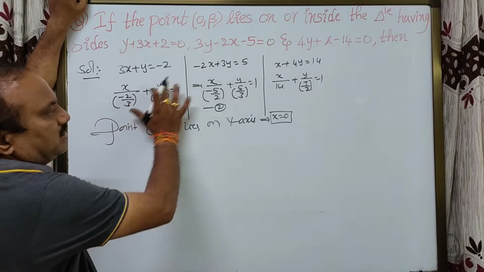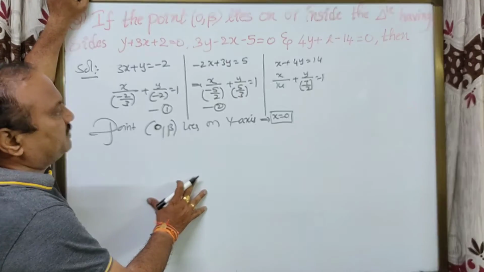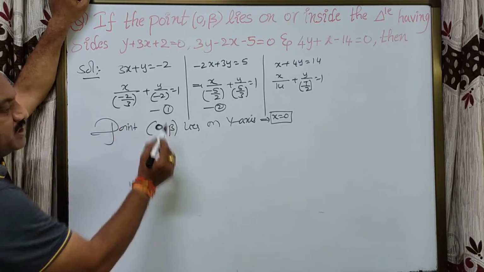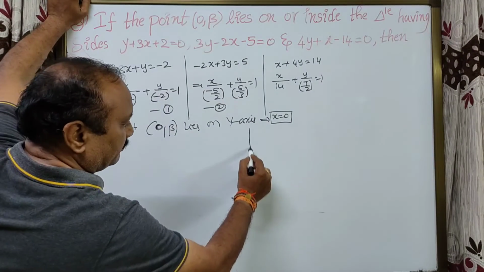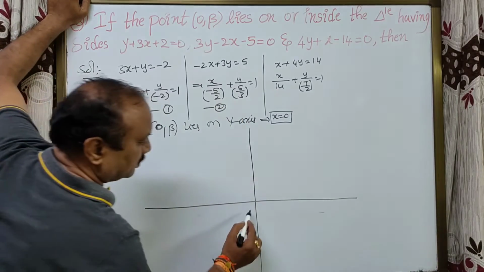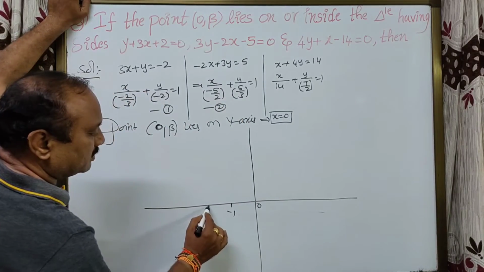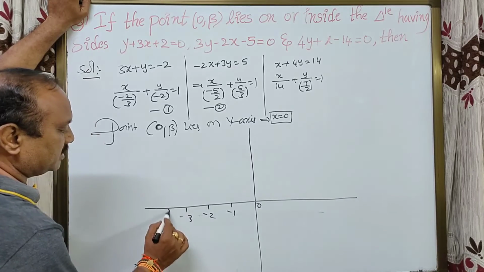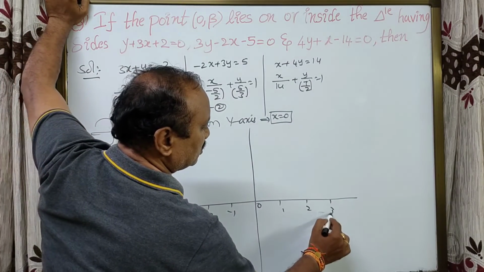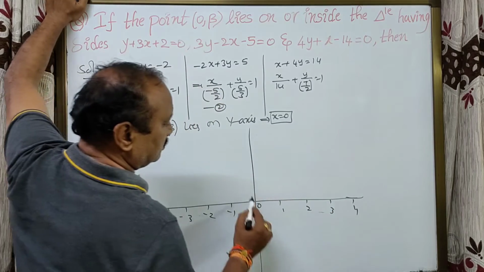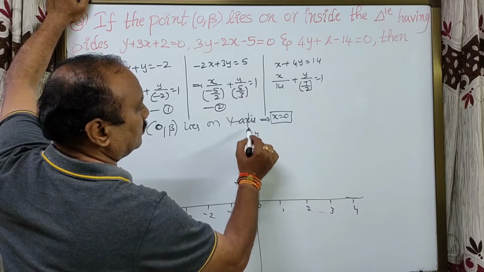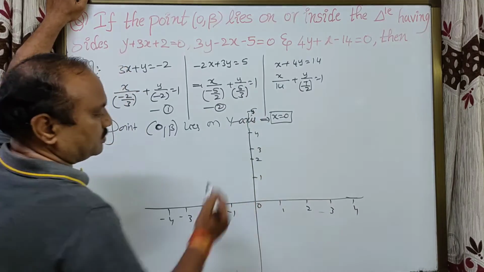Now let us draw a rough diagram of the triangle. Here the x intercept is minus 2 by 3, the y intercept is minus 2. Take a rough diagram. 0, minus 1, minus 2, minus 3, minus 4, like this. 1, 2, 3, 4, 5, like this and so on.